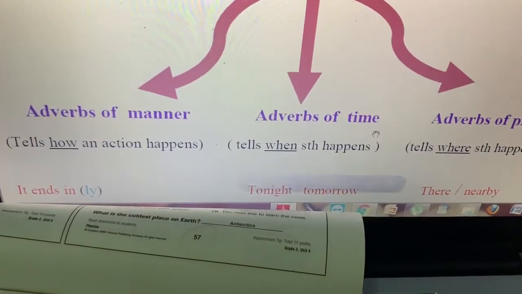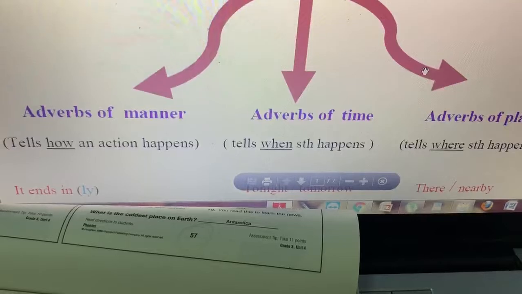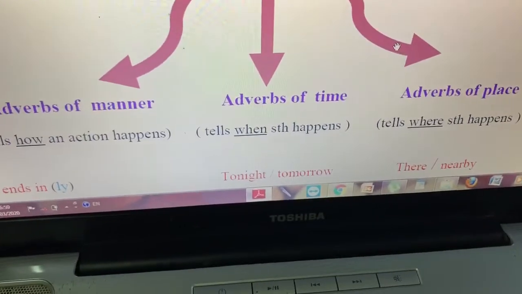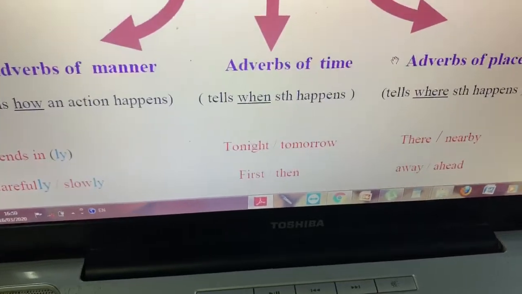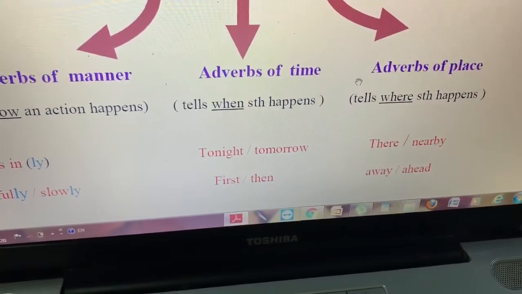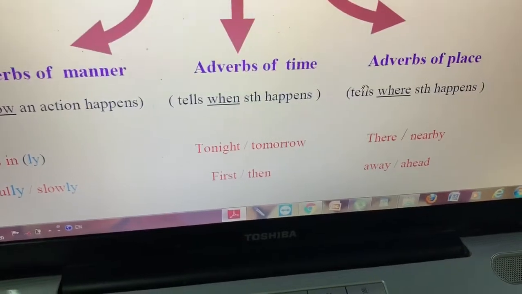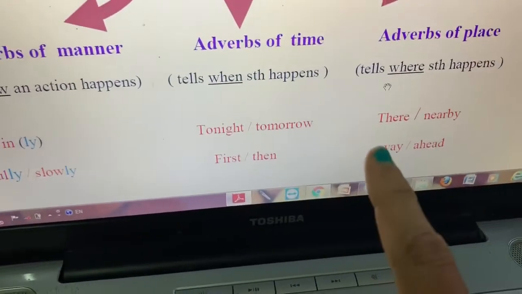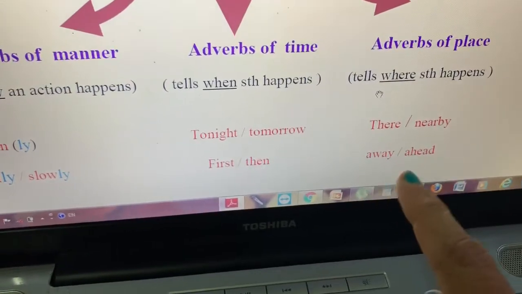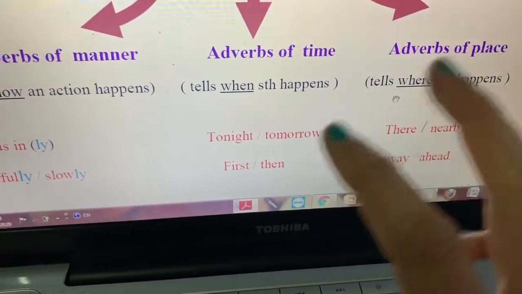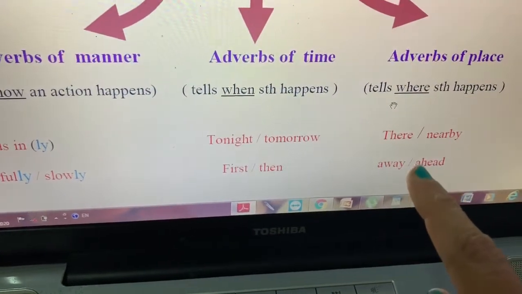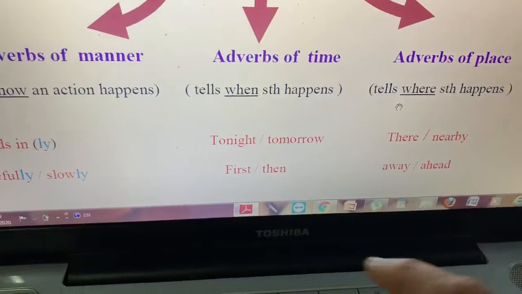Adverbs of time tell when something happens, okay, like tonight, tomorrow, first, then. Adverbs of place tell where something happens. For example, there, nearby, away, ahead. All these words are adverbs that describe place.